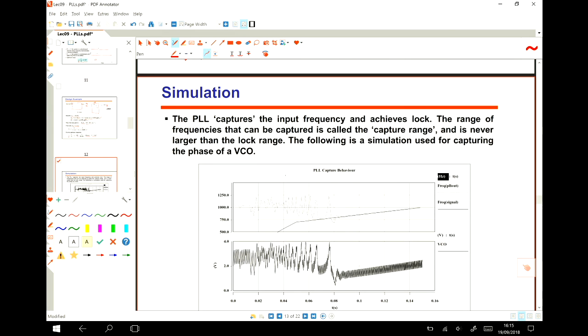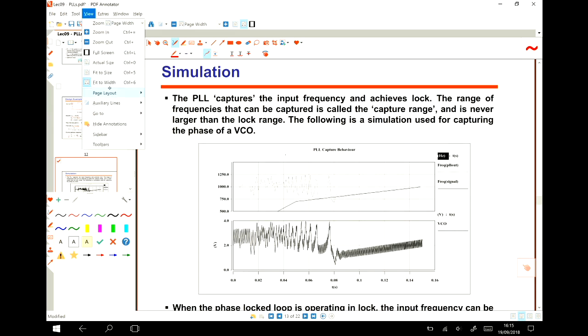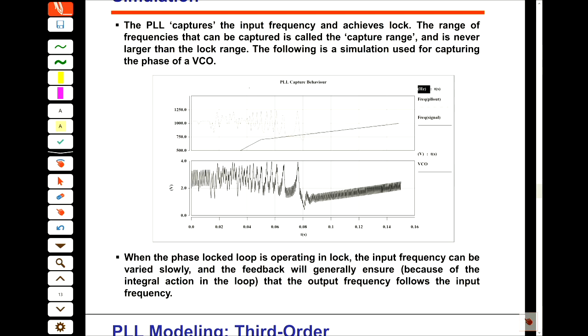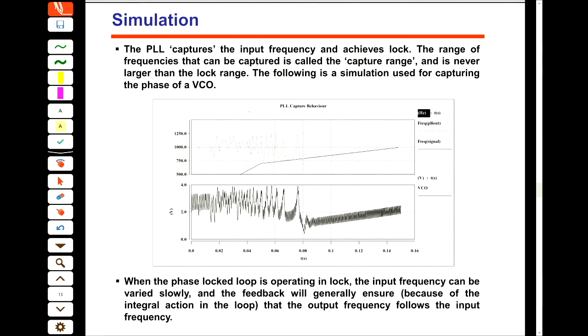All right. So this is the simulation that I just told you. This is actually your question, Nishna. So the frequency, this solid line is the input frequency. And this dashed line here is the output frequency.